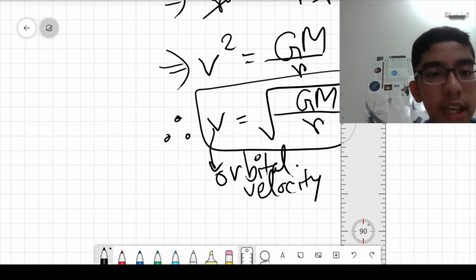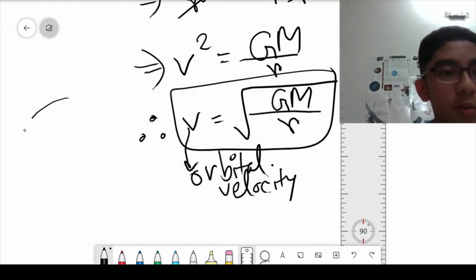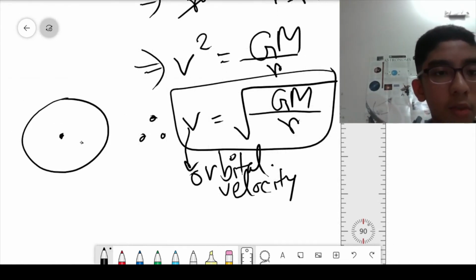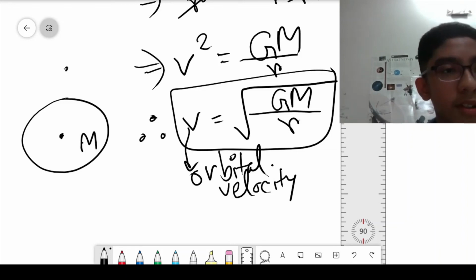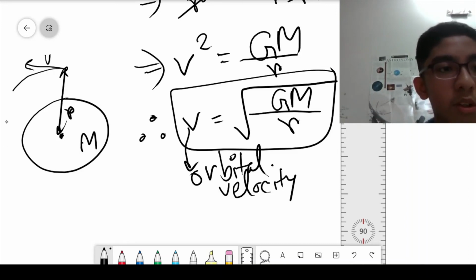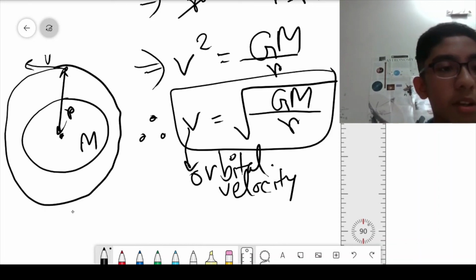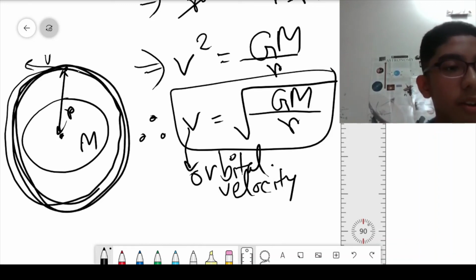The interesting thing is that from this equation, we can see that if this is a planet with mass M, and if there is another object at distance r from its center, there is a specific velocity which will keep that object orbiting around the planet.